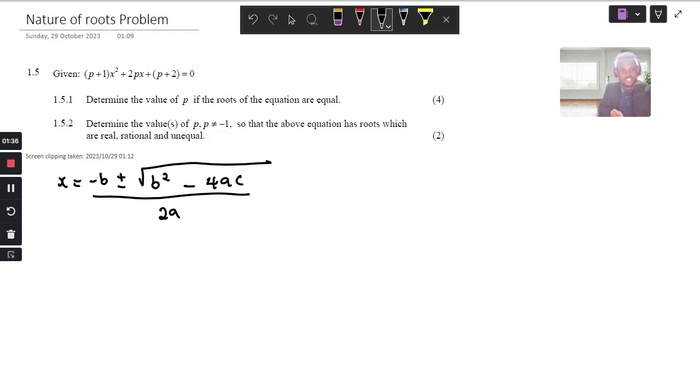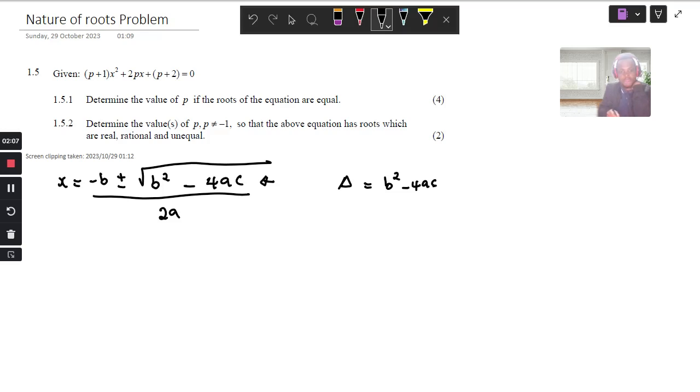When we talk of a determinant, we talk of the part that is inside the square root. So a determinant is denoted by theta, which is equal to b² − 4ac.